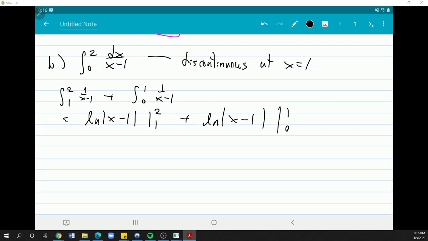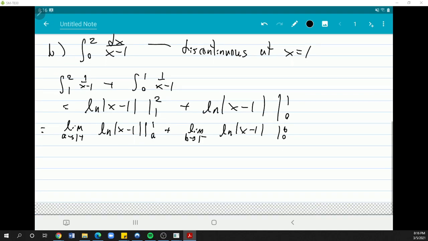But because 1 is the discontinuity point, we have to take limits. So limit as a goes to 1 from the plus of log x minus 1 evaluated from a to 2, plus the limit as b goes to 1 from the minus of log x minus 1 evaluated from 0 to b.